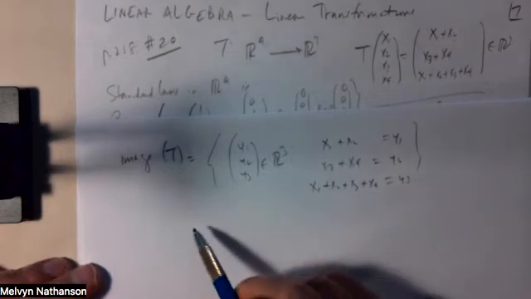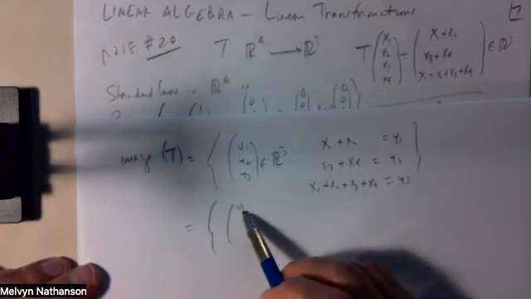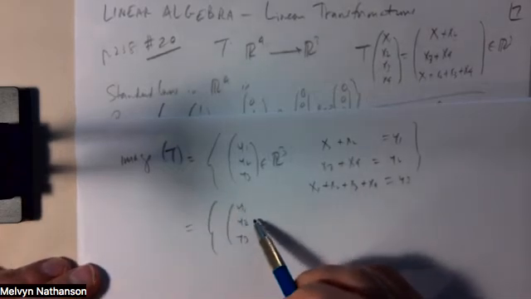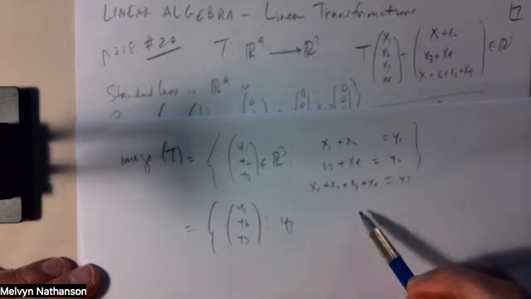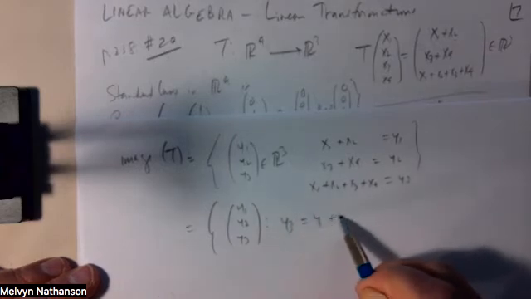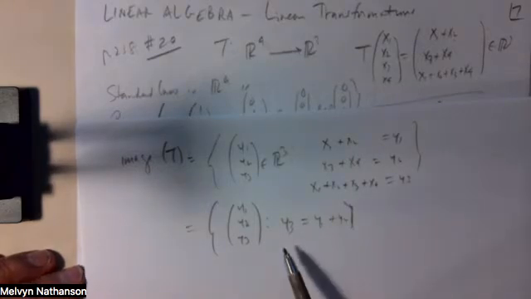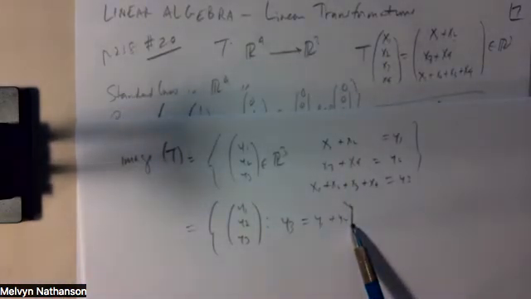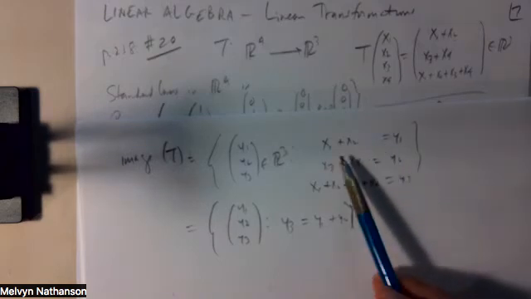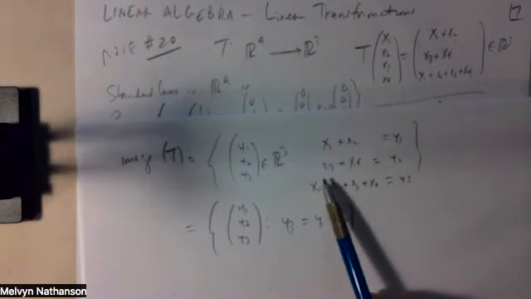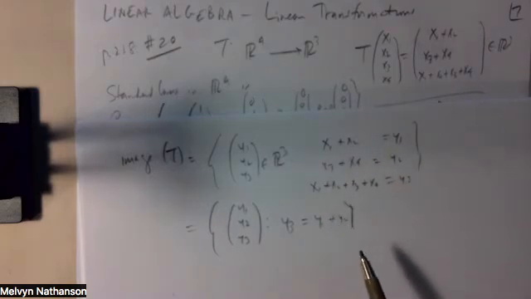But another way of saying this is really all vectors y1, y2, y3, where y3 is y1 plus y2. Because if y3 is y1 plus y2, you can just let x2 equal 0, x1 equal y1, x4 equal 0, x3 equal y2, and so on.